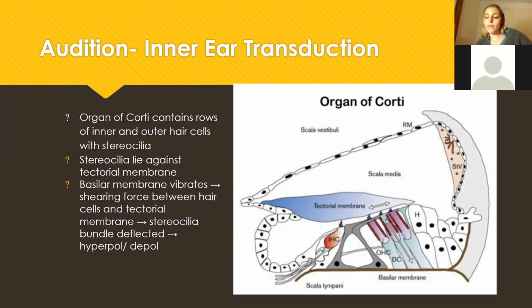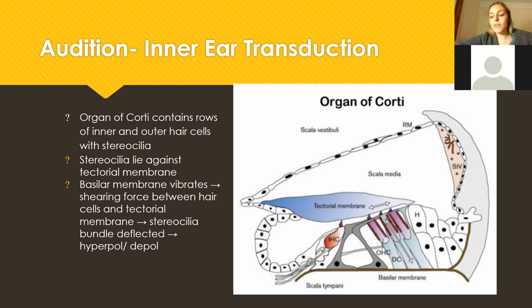So when the basilar membrane moves down, our stereocilia move away from something called the kinocilium. And this is the tallest stereocilia that it points towards, and they bend away from this. The tip links slacken and it closes these channels. Sorry, the channels are open at rest, so this pulling motion leads to hyperpolarization.